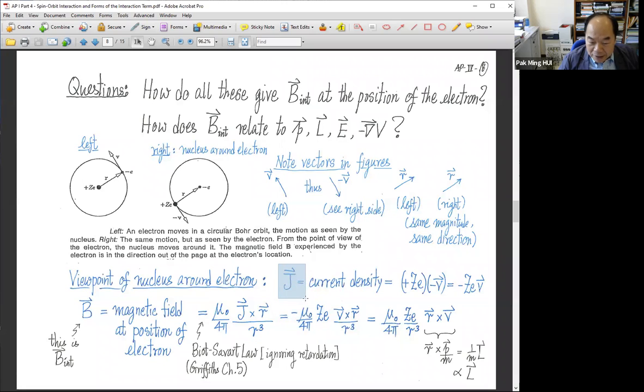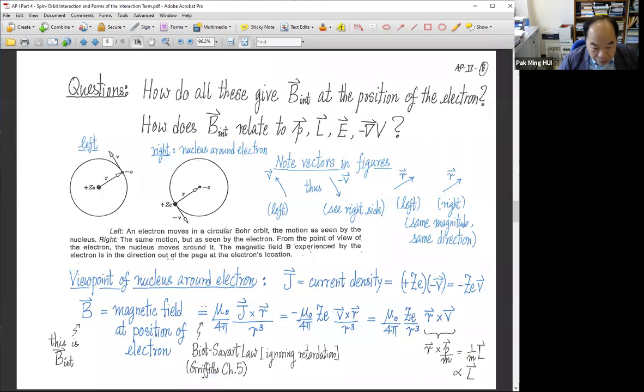Now, if you take this viewpoint, then we can use E&M. The current density due to the motion of the nucleus will be the charge times the velocity. So it's just Ze multiplied into minus V. Then the B field by the Biot-Savart law, look it up in your Griffiths book, chapter 5.